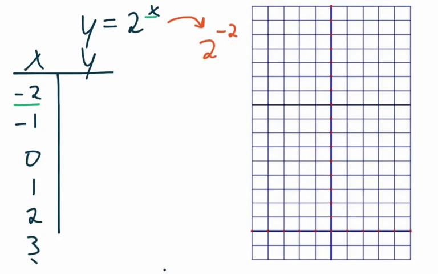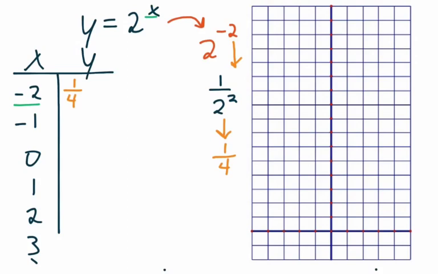As we covered in video notes a while ago, this turns into 1 over 2 to the second power, with the exponent made positive. 2 to the second power is 4, so this is 1 over 4. What we get here is 1/4.